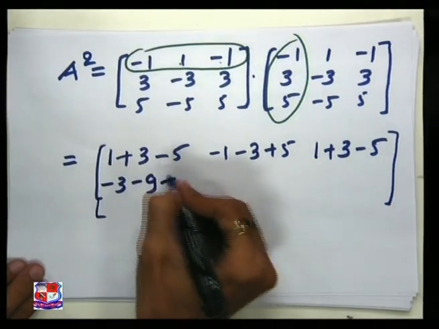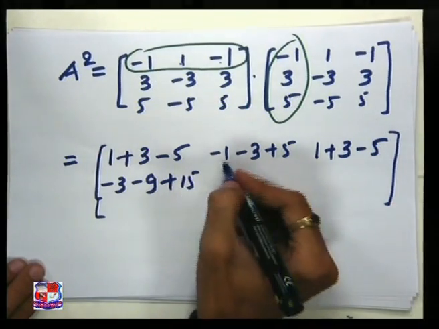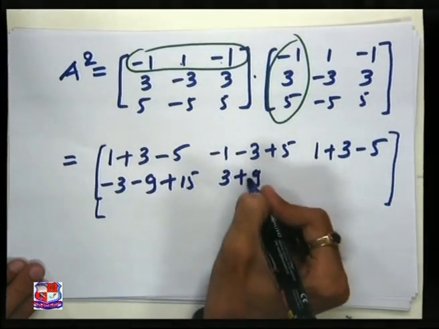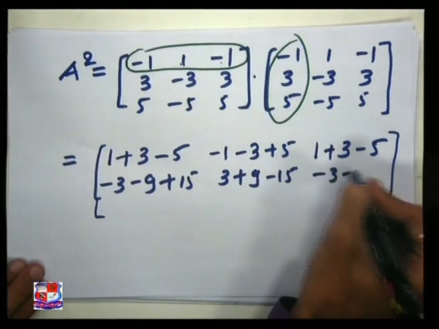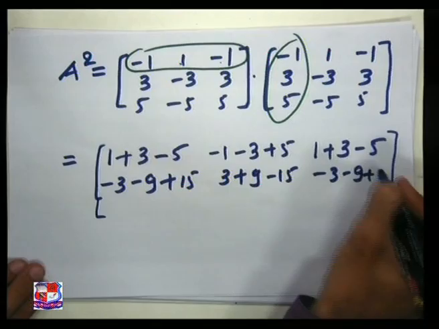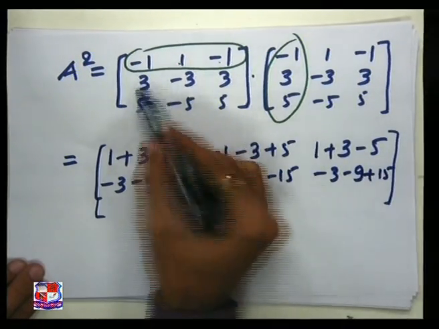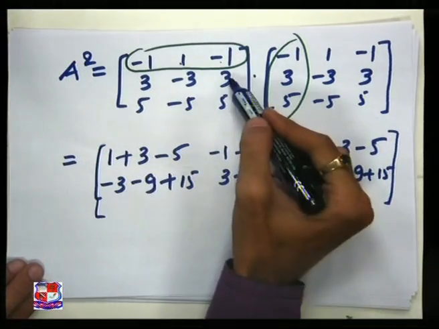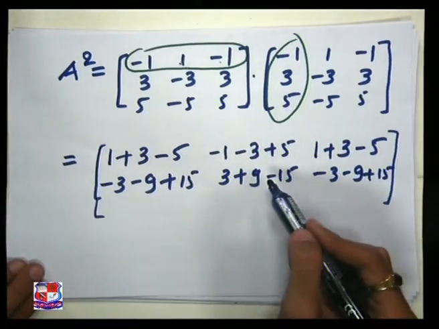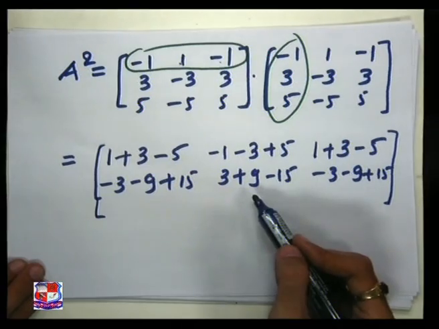-9 plus 15. Here 3 plus 9 minus 15, and here I will get -3 -9 plus 15. Again, this is 3 into -1 is -3, -3 into 3 is -9, 3 into 5 is 15. The same way for the second two columns.